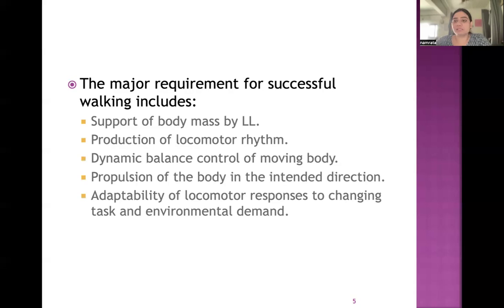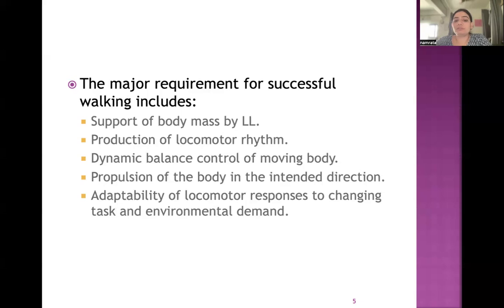If we are standing, that is our static balance. But if we are doing any kind of activity while walking or standing, like walking and talking, or walking and doing some physical activity, whenever we are not stable and we are moving, we need dynamic balance. So dynamic balance is very important before doing gait training.